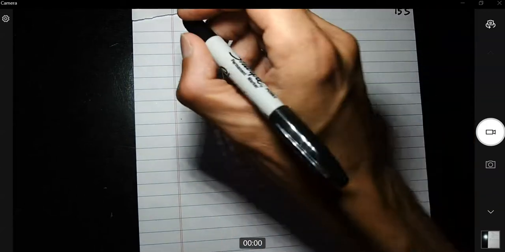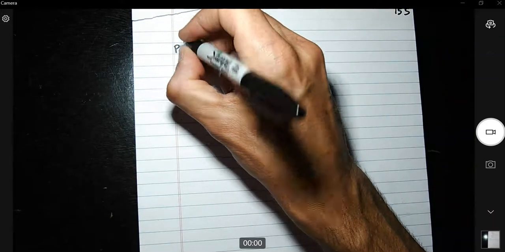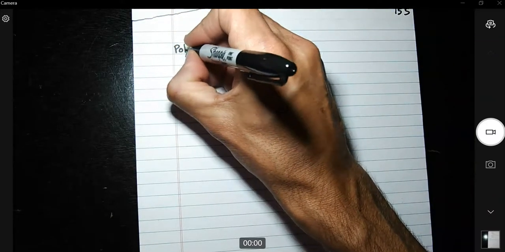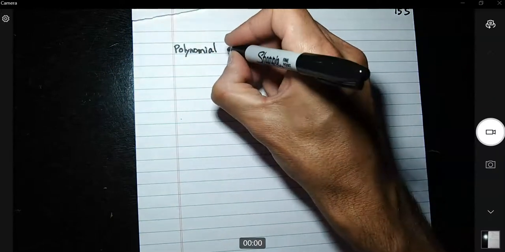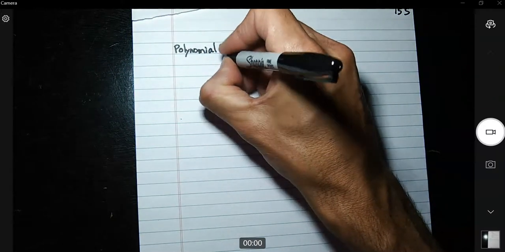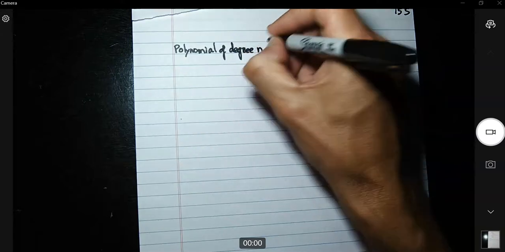Let's say first this is a polynomial of degree n, and I'm trying to see if I'm going to be able to fit it here.